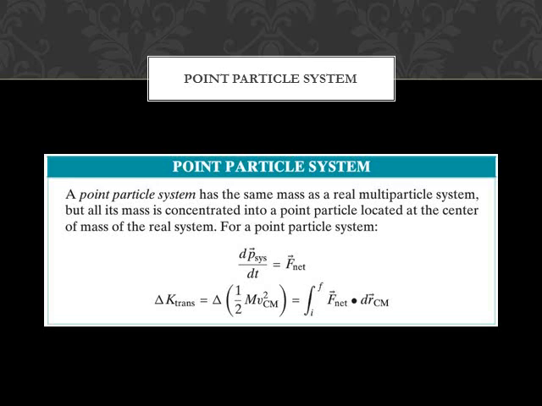apply these ideas. So the whole idea of a point particle system is it has the same mass as a real multiparticle system, but its mass is condensed into a point particle located at the center of mass of the real system.